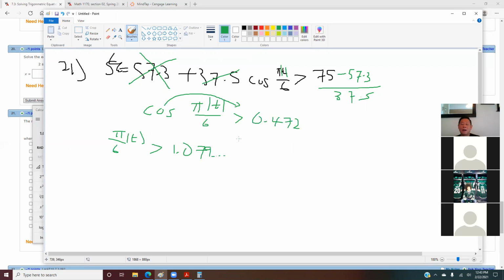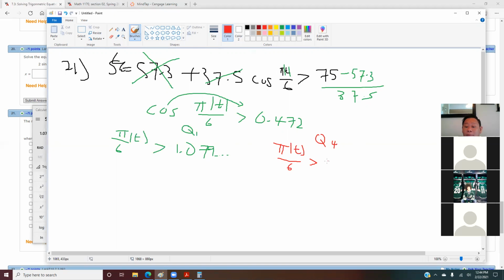But do not forget, class, that this is in quadrant 1, right? Can someone tell me cosine is also positive in quadrant what? 4. So can someone tell me how you figure out 1.079 in quadrant 4? Add 2 pi. Not add, subtract 2 pi, because when you add, you get more.